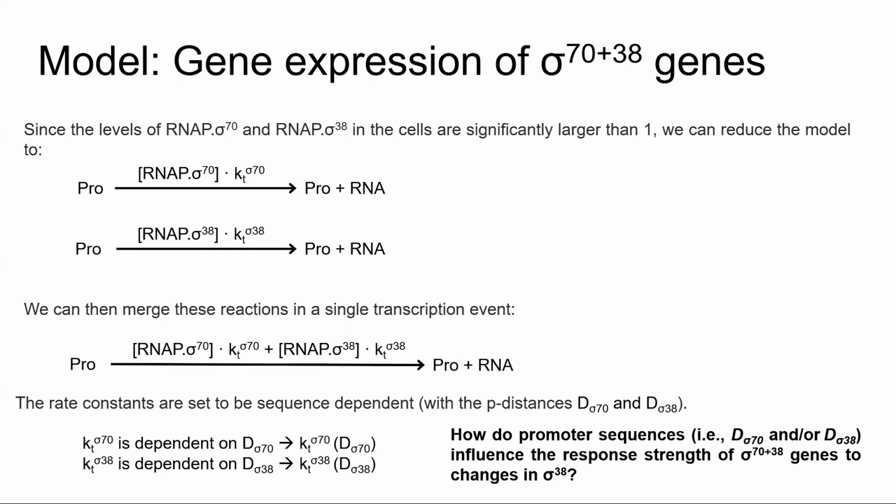Now that we set the model, we can investigate how the promoter sequences, that is, the sigma 70 and or the sigma 38, influence the response strength of sigma 70 plus 38 genes to changes in the levels of sigma 38.